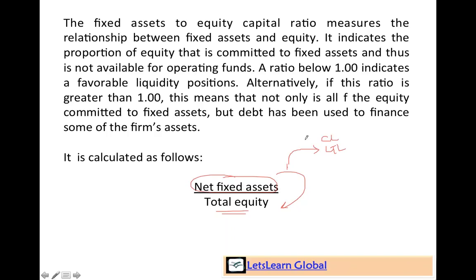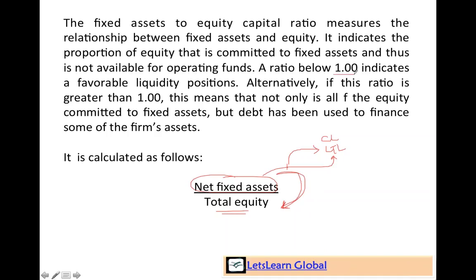It's not a good symptom. Why? Because how do you pay current liabilities when you purchase fixed assets? Fixed assets will take some time to give you money back. Therefore, fixed assets are to be purchased either from long-term liabilities or shareholders' equity. Preferably, this should always be funded from shareholders' equity, so as not to have any troubles.